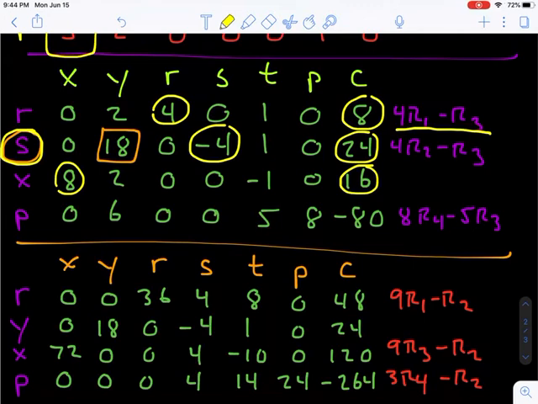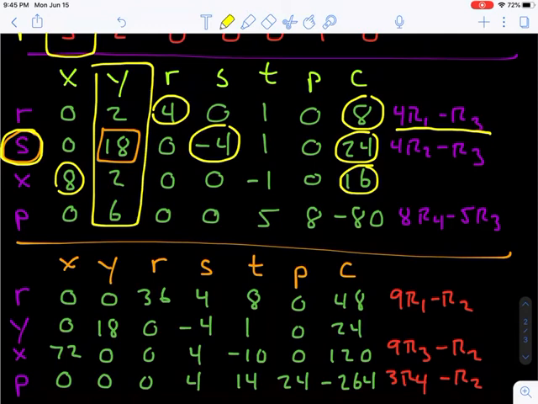So we are still in phase 1 because we have a negative active variable. We are not in the feasible region yet. And so what we want to do is go to the S row and look for the most positive number, which is the 18. That makes the Y column my pivot column.